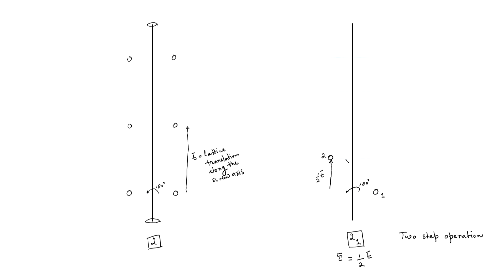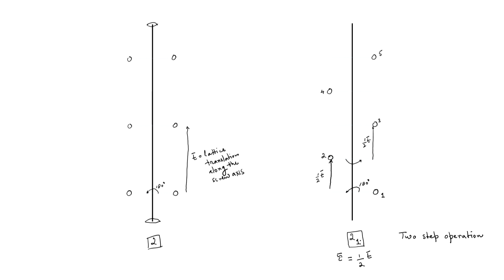Again, another 180 degree rotation, and you go up again half of the T vector, and we form motif number 3. Then again 180 degrees, go up, and this becomes motif number 4. Another 180 degrees, and we reach motif number 5. So, this is the kind of pattern we will form along the screw axis for this particular case, a two-fold screw axis given by the symbol 2 sub 1.